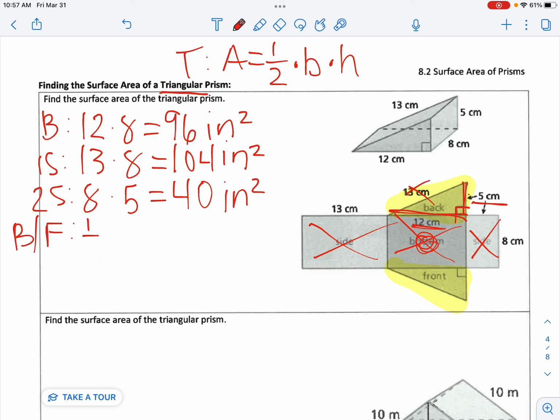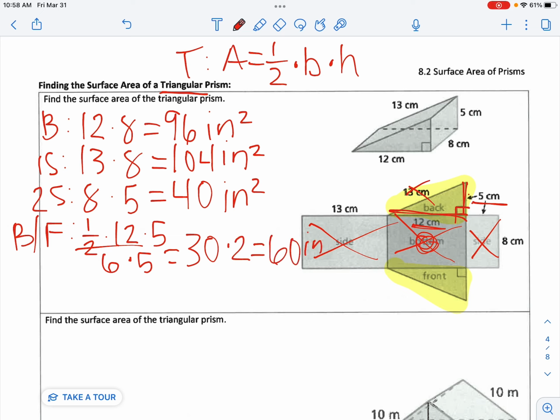So we have 1/2 times 12 times 5. Okay. I know that half of 12 is 6, so that's 6 times 5, which equals 30. Okay. Since there are 2 of them, I got to multiply that by 2. So 30 times 2 is 60 inches squared.